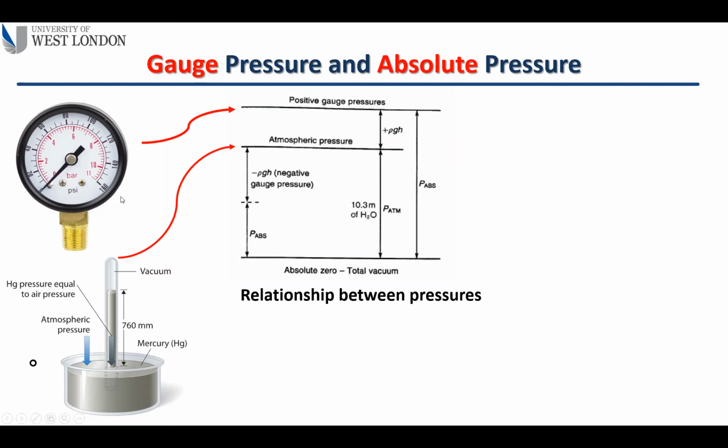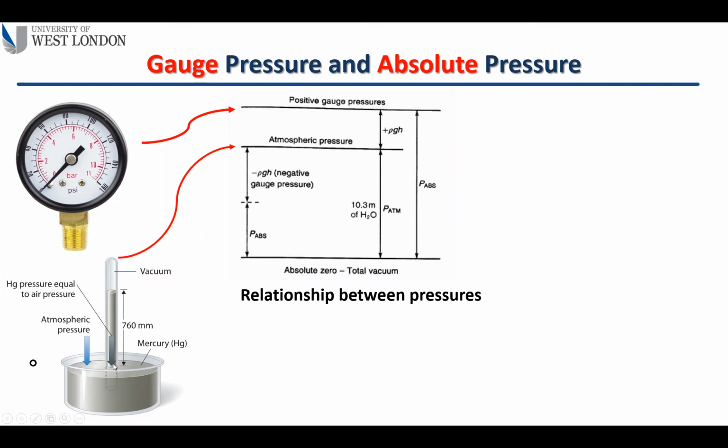However, we have another definition of pressure that is called absolute pressure. What does it mean exactly? Imagine that we have a tube of mercury, and we are at sea level.